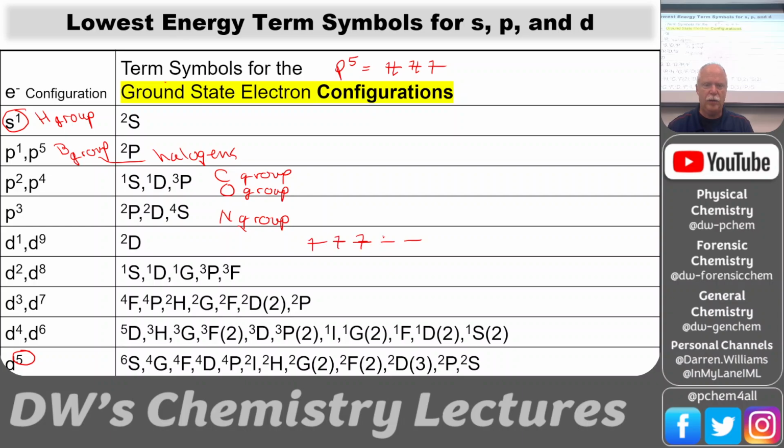One, two, three, four, 5. Okay, so that's the ground state or lowest, by Hund's rule, that should be the lowest energy electron configuration. But you could also do 1, 2, 3, 4, 5, right? You could pair one up and leave one blank. And you could do all of these different things and get all of these terms.